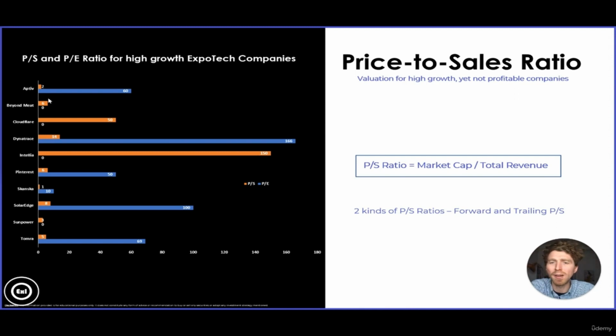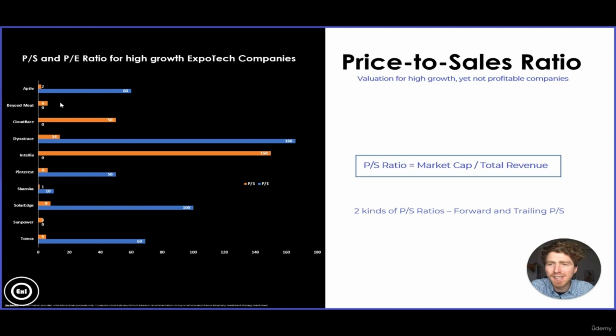So if we look at Aptiv, the electric vehicle company, which is developing software and security applications for electric cars, it has a kind of low price to sales ratio of 2. That means it would only take 2 years for Aptiv to justify the market capitalization it is valued at.